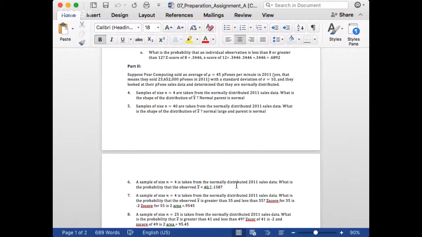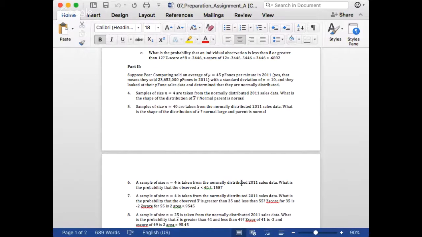What we're going to do first is use our formula. To find the z-score, which we need to do first, you take the mean they give you. For this one, the sample mean is always the same as the parent mean, so the mean is going to be 45. But we're looking for the sample mean, which is 40.